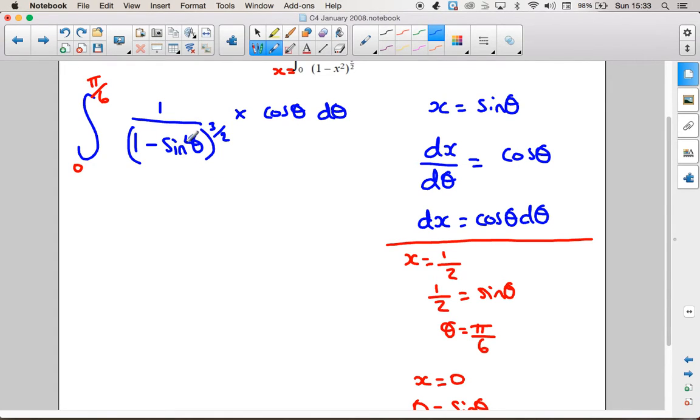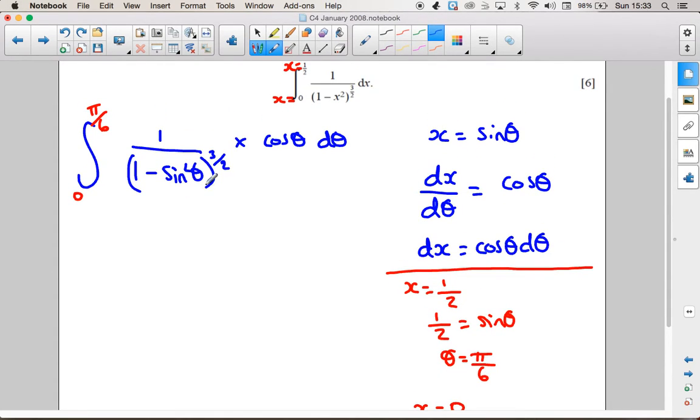So what have we got going on here? Well, we've got a 1 minus sine squared theta. That is cos squared theta. So we've got 1 over cos squared theta. In fact, let's not write it as 1 over. Let's write it as cos theta over. Let's bring this cos theta above the fraction. Cos theta over cos squared theta to the 3 over 2.